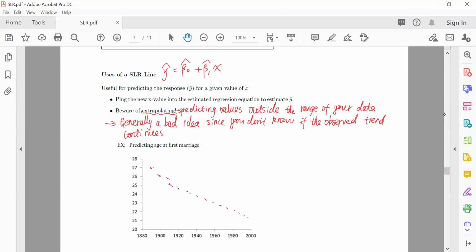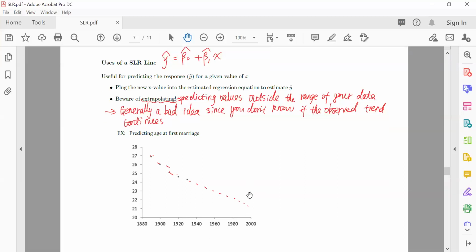Maybe by the year 2000, the average age is 21.5. That is so wrong, because the pattern you have seen is just for the data points between 1890 and 1920 or 1930. You can't use an x value outside the range of your data to predict y because you don't know whether the trend still continues.